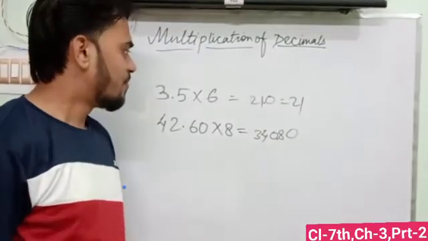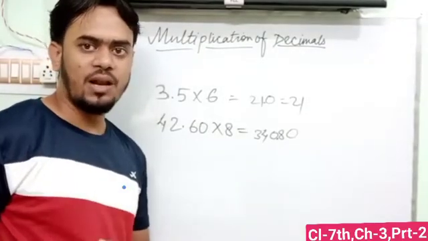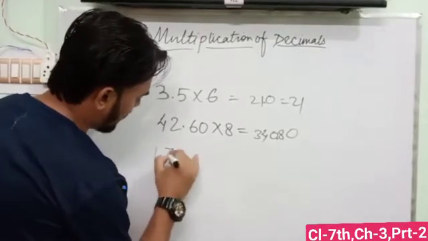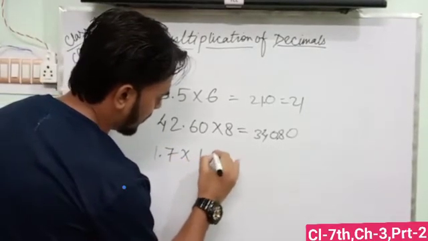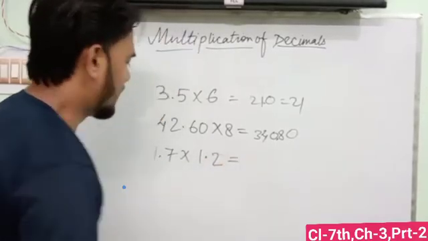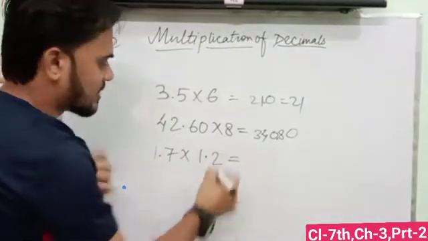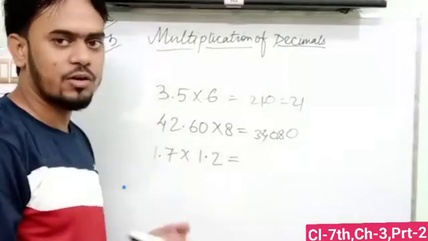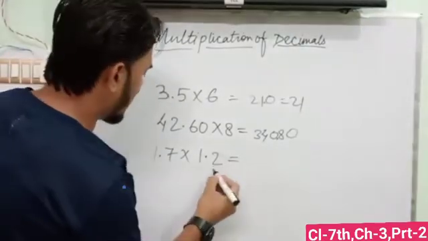And the same when you multiply a decimal number by a decimal number, 1.7 into 1.2. First of all ignore the decimal here also. You have to understand there are no decimals between the numbers, and multiply this.